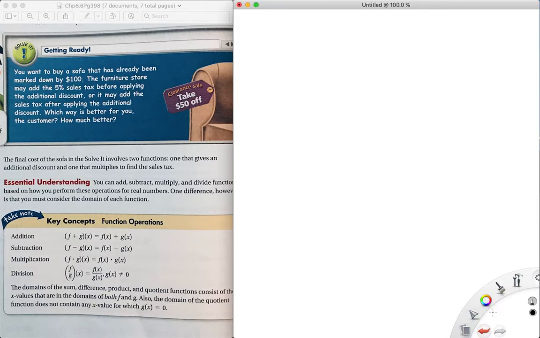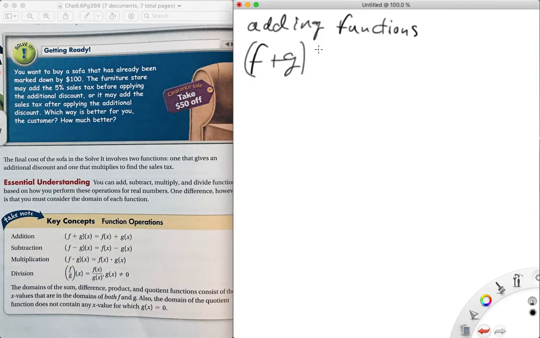In terms of adding functions, you can write them like (f plus g) of x, and that equals f of x plus g of x.